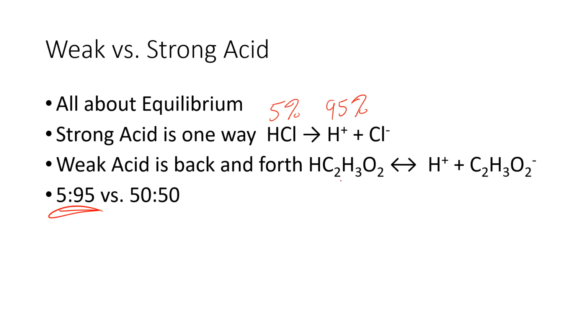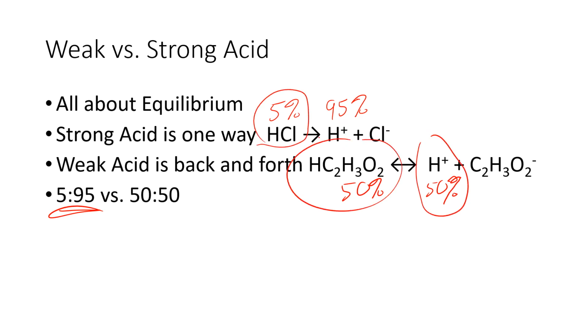On a weak acid, that would be more 50-50. So 50% of the time, the H plus is with the acetate, and 50% of the time, it's all alone. Here H is all alone, here it's stuck, here H is stuck, here H is all alone. That H plus can do damage, and so weak acids tend to hold their H's back on the anion.